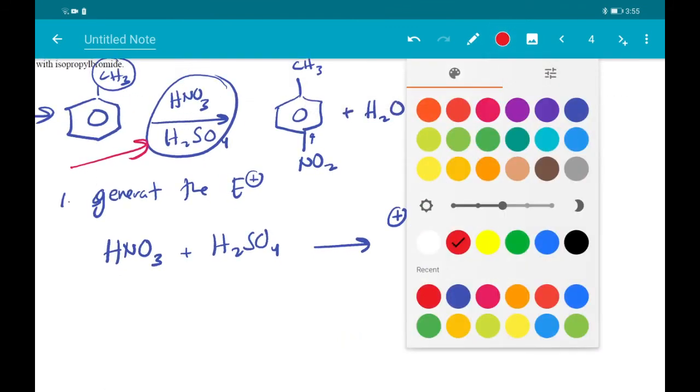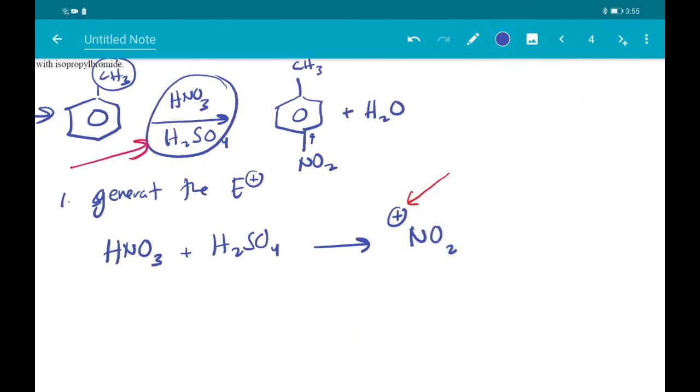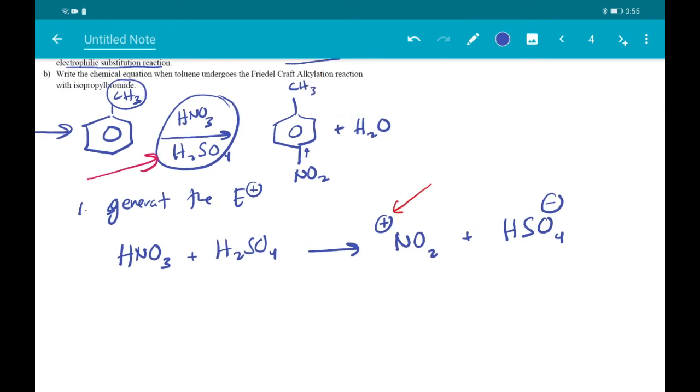After we generate the electrophile, we also produce a nucleophile, which is negatively charged, coming out from the sulfuric acid. One of the H has been eliminated, so it's going to become HSO4 negative. The H, which has been eliminated, will produce water.